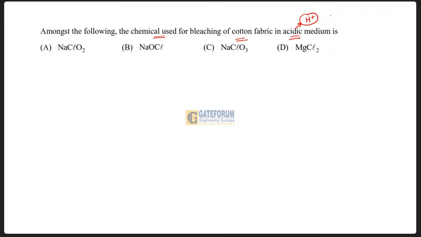For acidic medium, different compounds are used for cotton bleaching, to make it more white and to remove all the other impurities. So for bleaching in acidic medium, it is very direct. It is option A, NaClO2. This you must have already read.